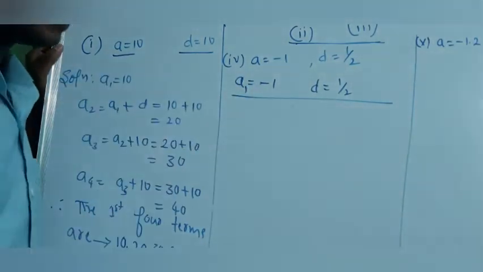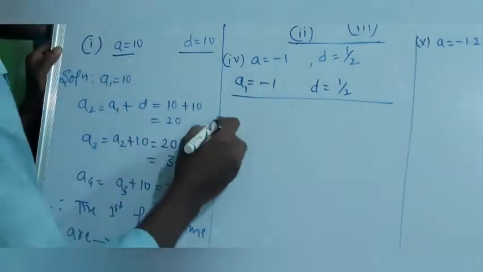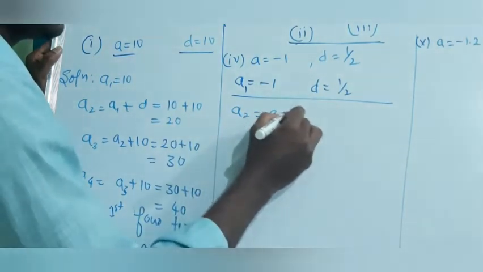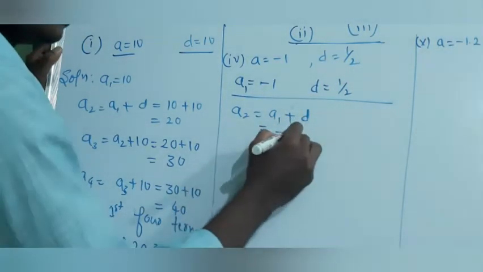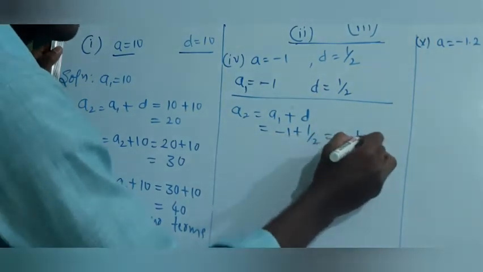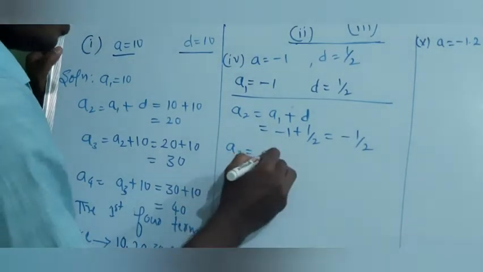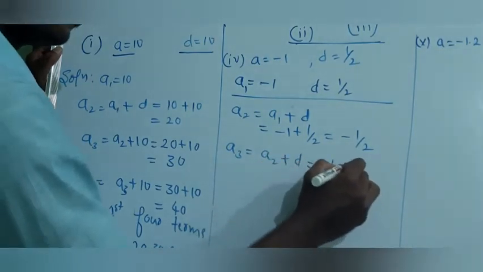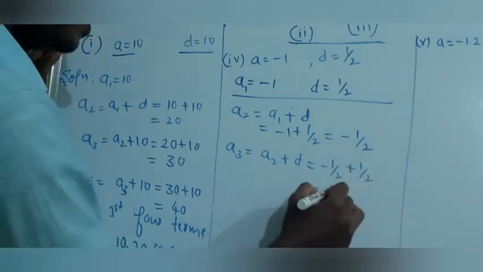If I want to get the succeeding term in an arithmetic progression, what should I do? I should add D to it. So same procedure. A2 is equal to A1 plus D. What is A1 here? -1 plus 1 by 2. -1 plus half means minus half. A3 is equal to A2 plus D. What is A2 here? -1 by 2 plus 1 by 2, which is equal to 0.